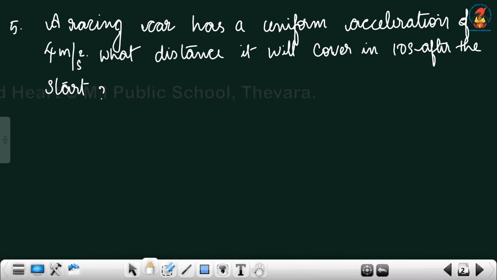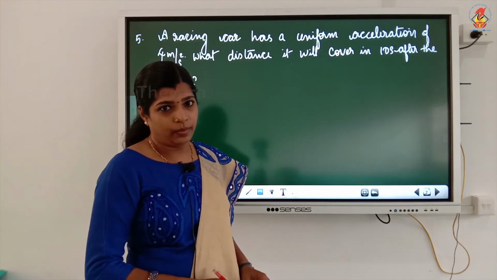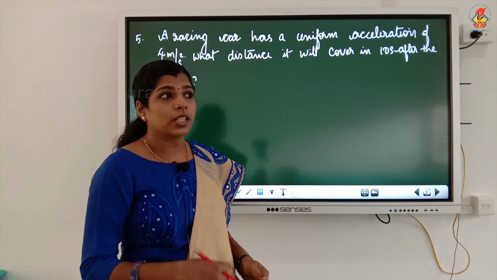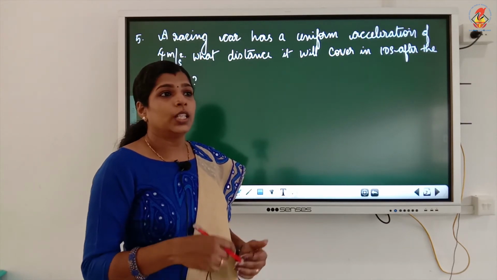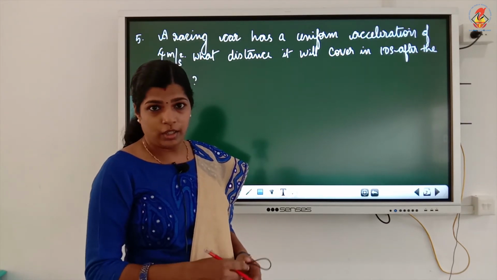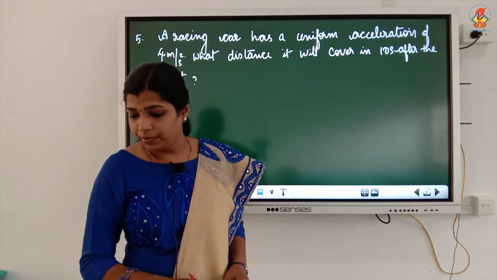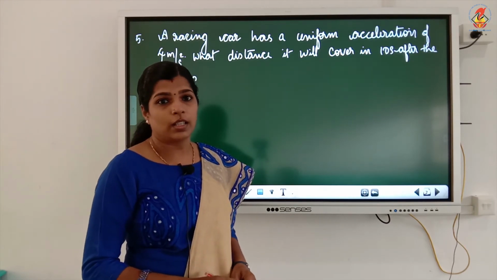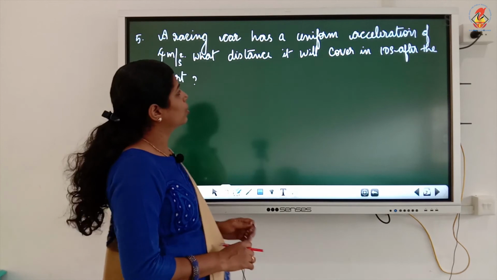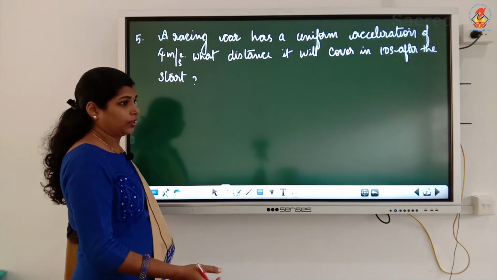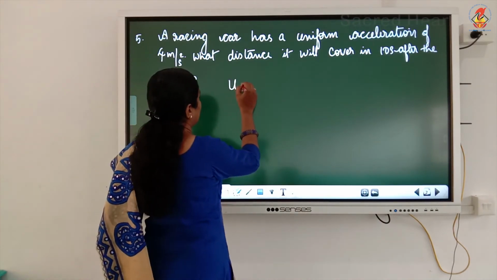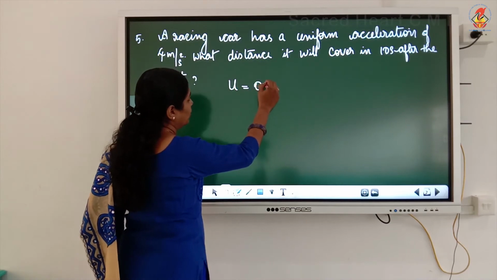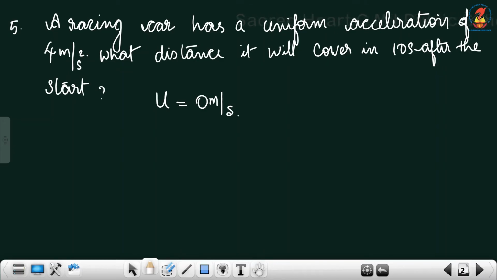After the start means the object is initially at rest. After the start, starting from rest, starting from railway station. In all these cases, initial velocity is 0. Okay. So, after the start means initial velocity equal to 0 meter per second.